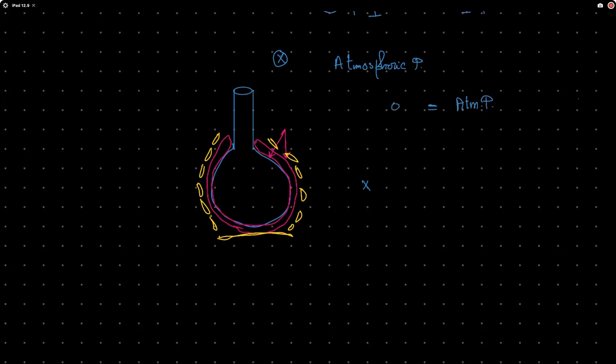It's not actually zero, but it's going to be considered zero because it's simply applied on everything. If I am dealing with a pressure lower than the atmospheric pressure, the pressure is going to be considered a negative pressure. If I'm dealing with a pressure greater than the atmospheric pressure, it's going to be a positive pressure.